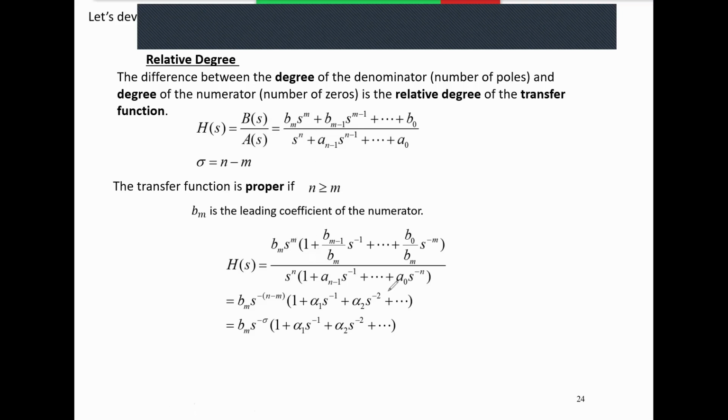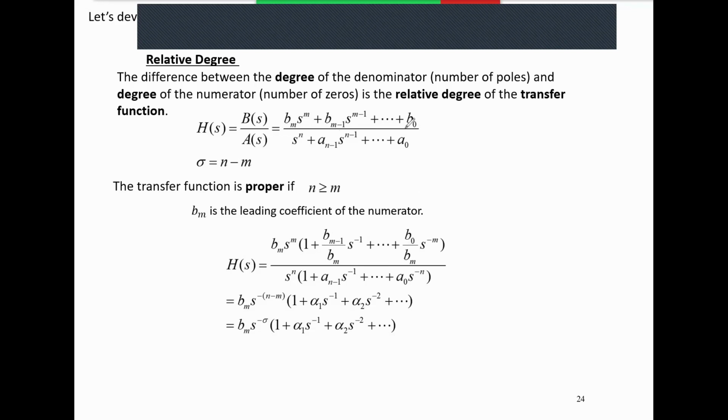Now if we only look at the numerator, inside the bracket it becomes 1 plus, for this term, Bm minus 1 over Bm, and s to the power of m minus 1 over s to the power of m is just s inverse.